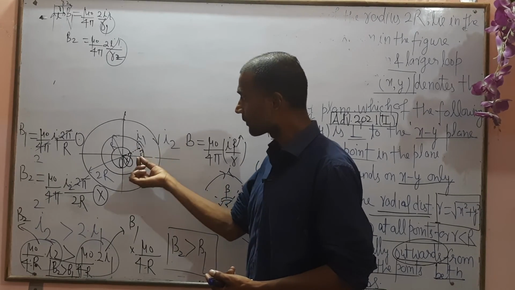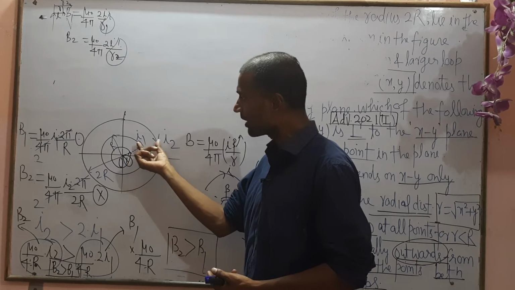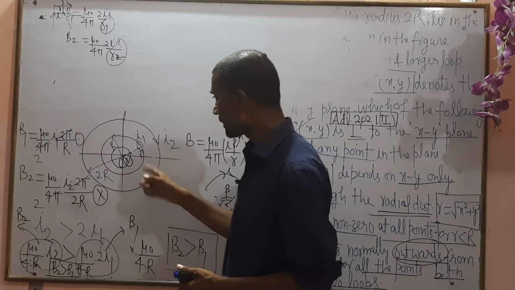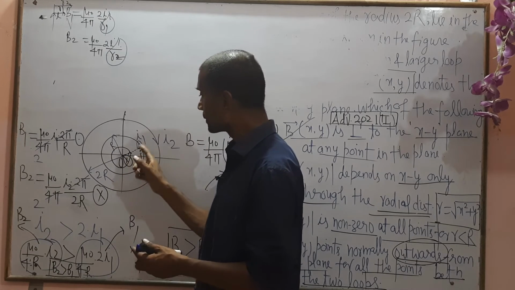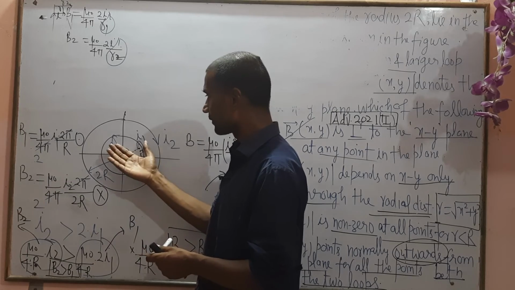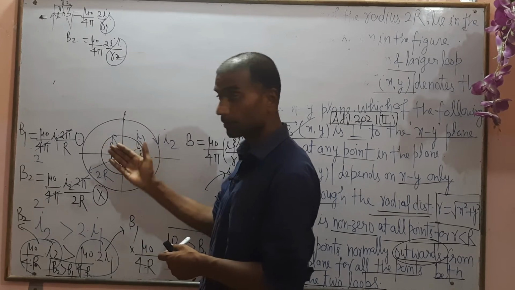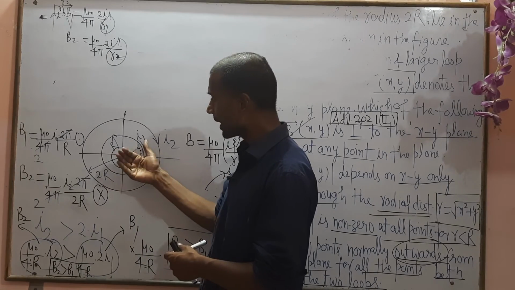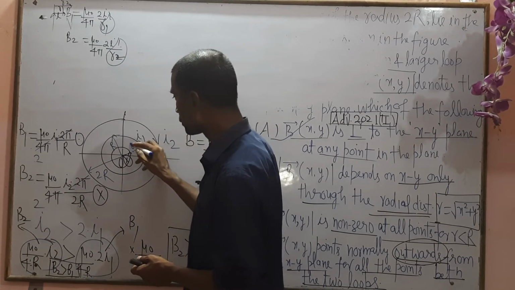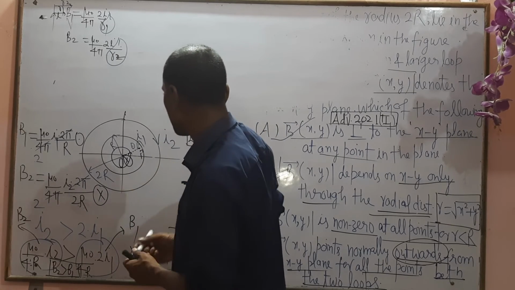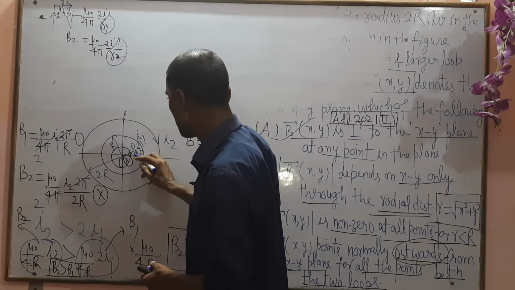So the net magnetic field at point P due to I1 and I2: the field due to I1 is greater. At this point the direction of magnetic field due to I1 will be outside, by Fleming's right hand rule. Due to I2, it is inward.